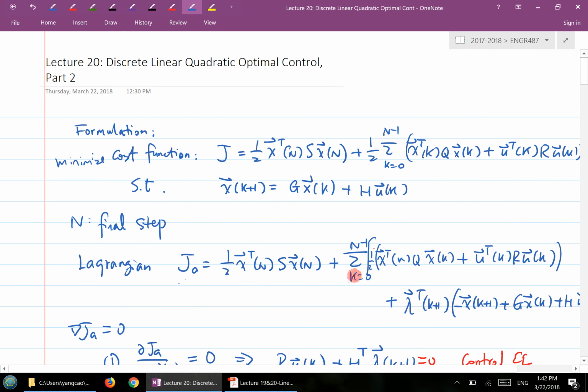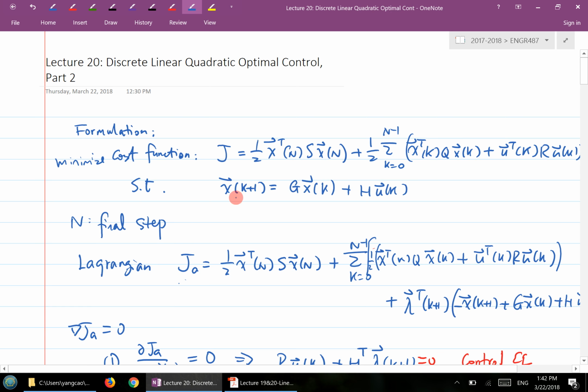When you have, let's say, a finite optimal problem with a certain N, we're trying to minimize this whole thing. Initially we're trying to minimize the J here, and we use the Lagrangian J_A. The minimum value for J_A will actually be the same as the minimum value for J, because in J_A you have a system constraint, and the system constraint is 0.